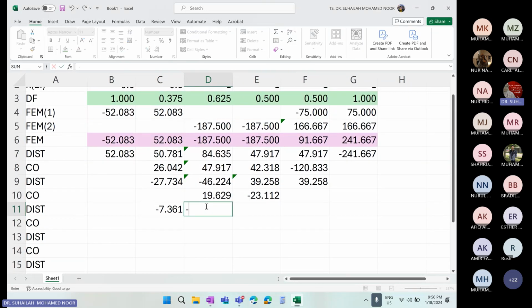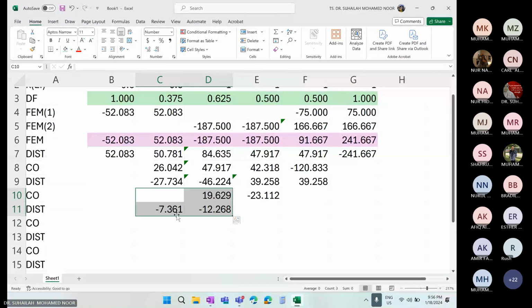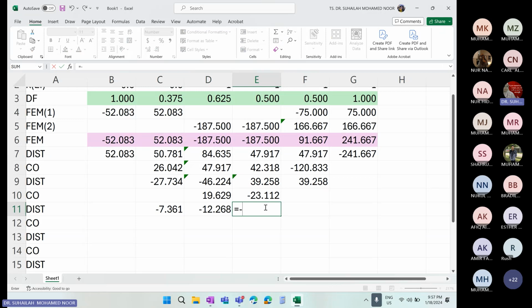Negative, joint moment times with factor DF. So total, this 3 is 0. Next, negative. This one joint moment times with factor 0.5.